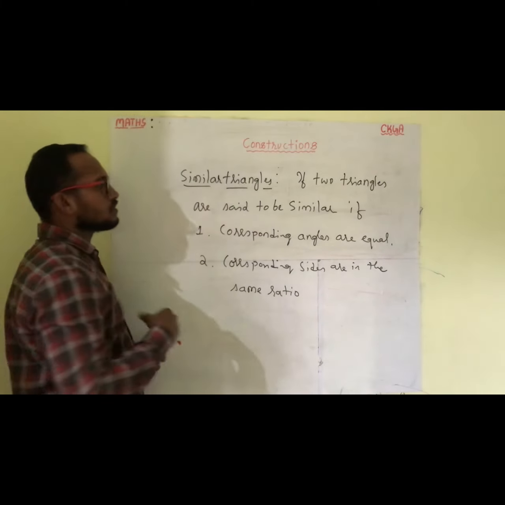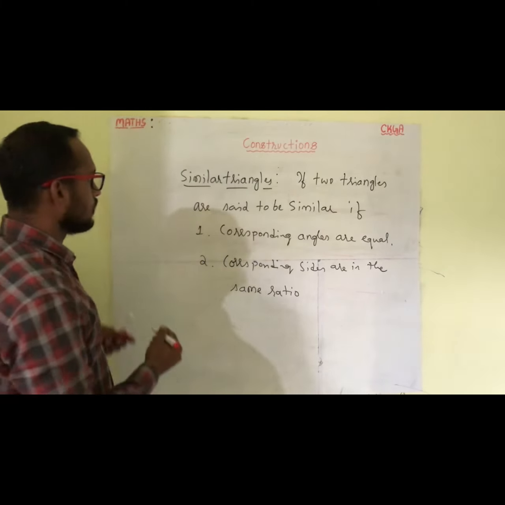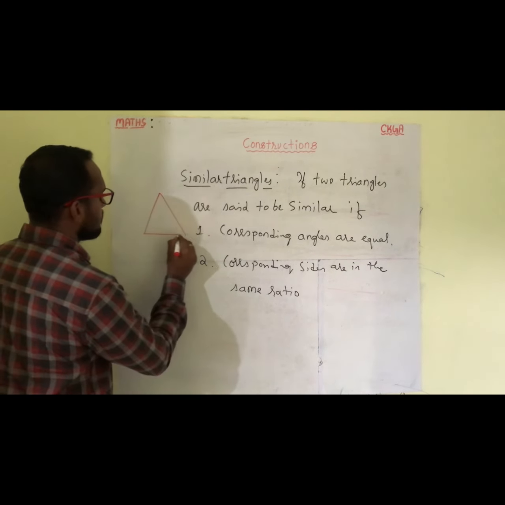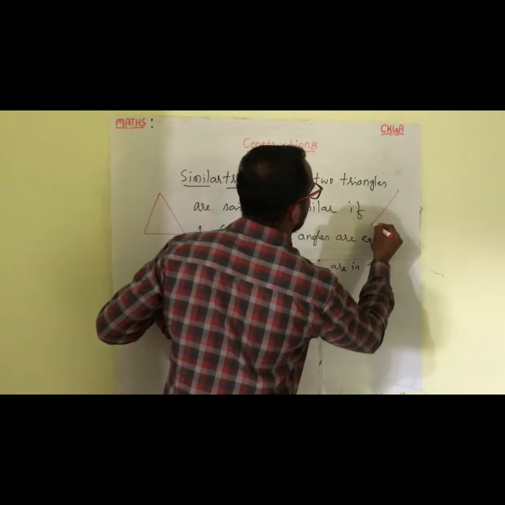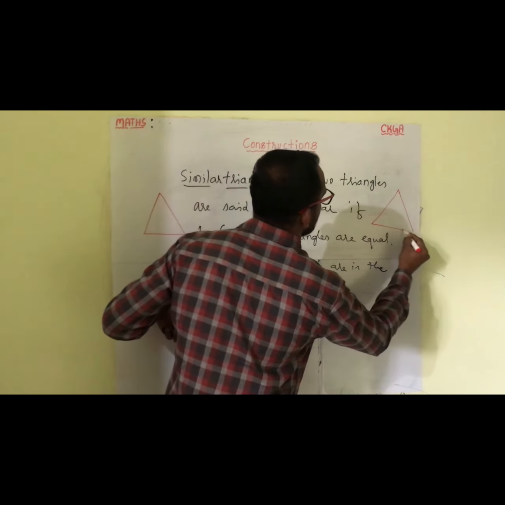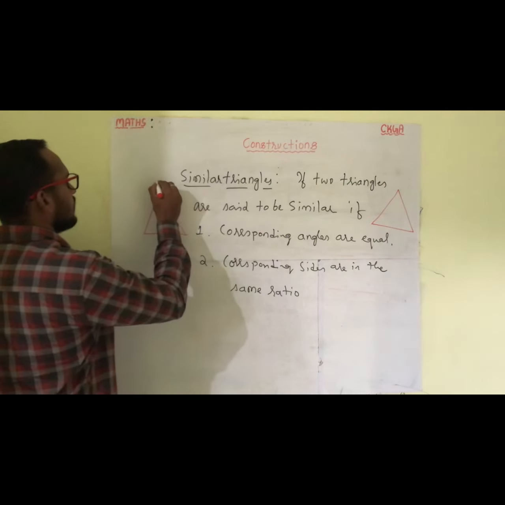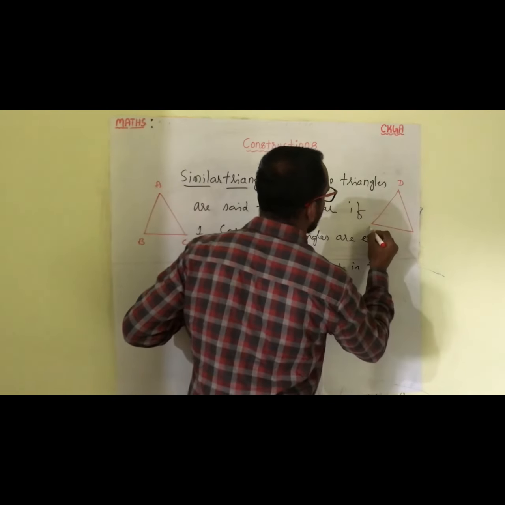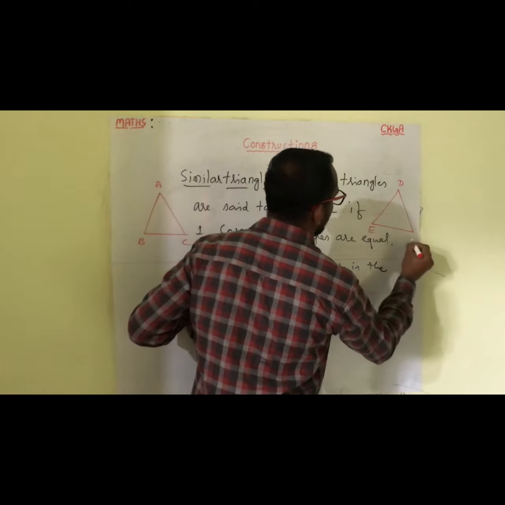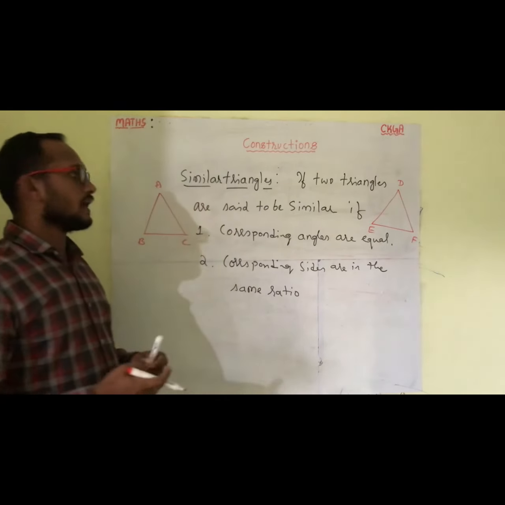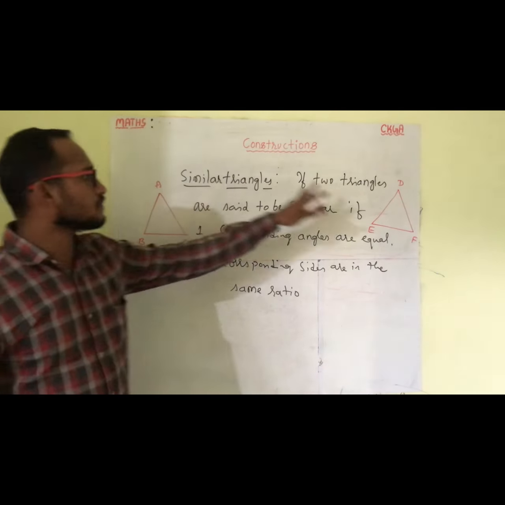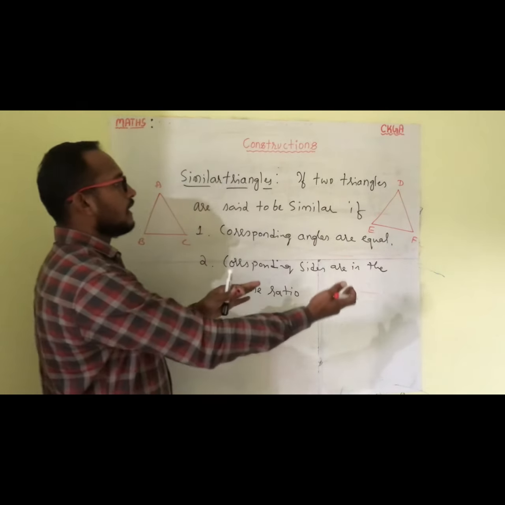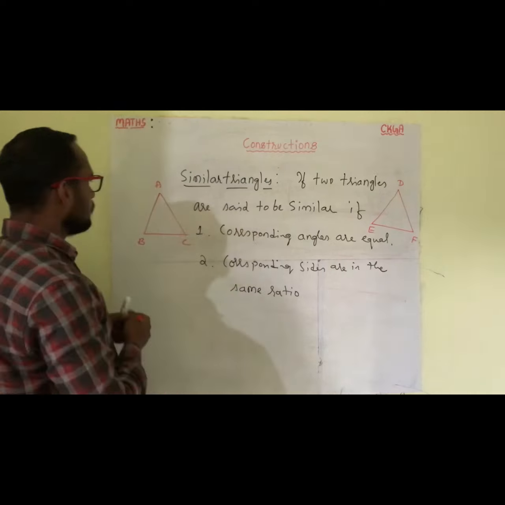Suppose when you call two triangles similar, I'll draw two triangles here. Triangle 1, which I'll name A, B, C, and triangle 2, which I'll call D, E, F. I want to predict whether these two triangles are similar, and I will check with the help of these two points.